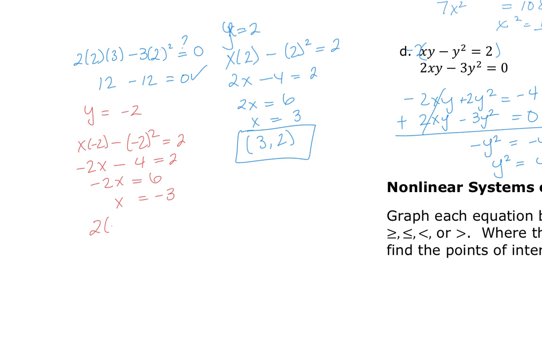So 2 multiplied by -3 multiplied by the -2, minus 3 multiplied by the -2, the quantity squared. Does this actually equal 0? And I'm going to get +12 minus 12 is equal to 0. So that does check. So -3, -2 is also an answer.